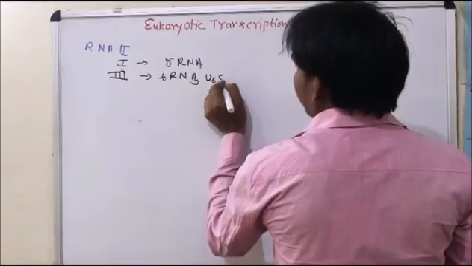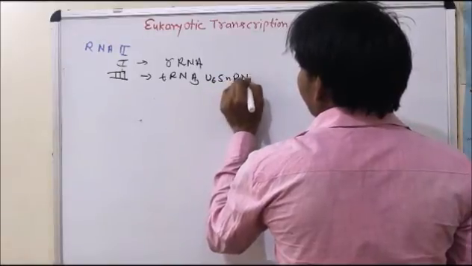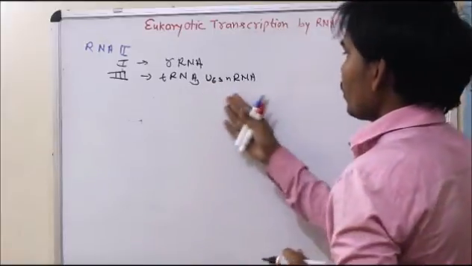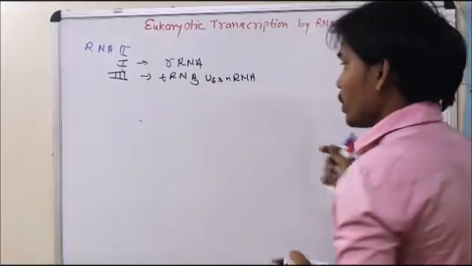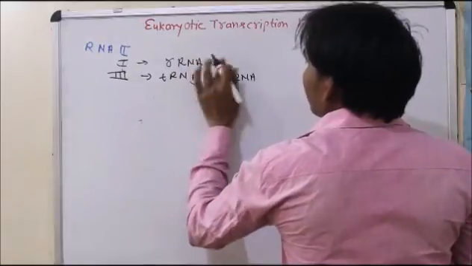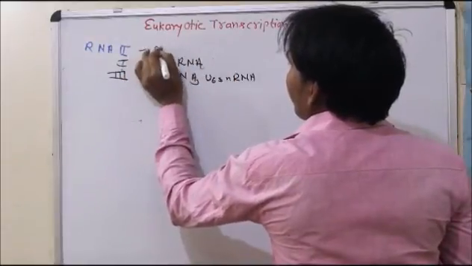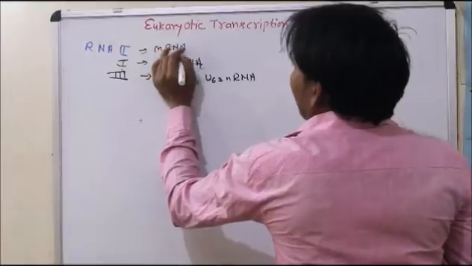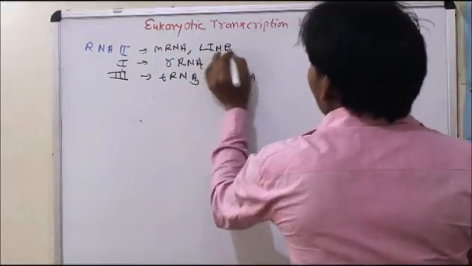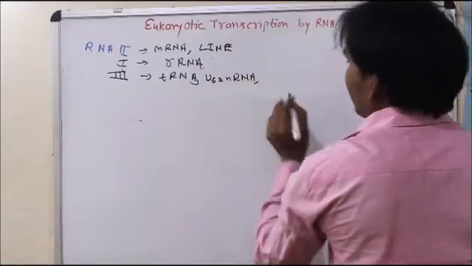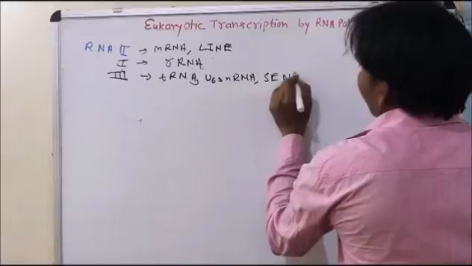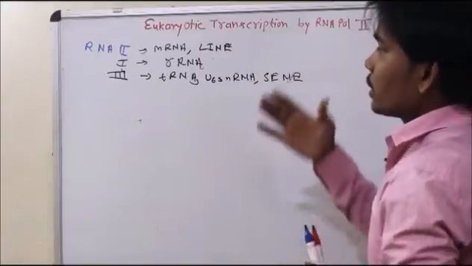U6 snRNA, which is involved in splicing. RNA polymerase II also transcribes mRNA, LINE, and SINE elements.